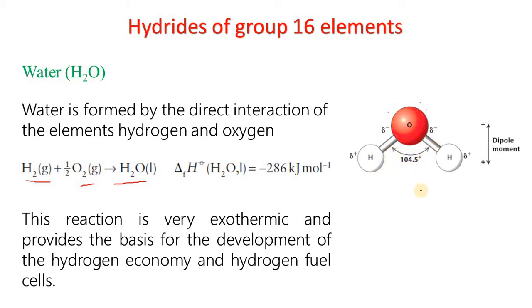And as we know, the electronegativity of oxygen is greater than hydrogen. On the Pauling scale, the oxygen is delta minus and the hydrogen delta plus, so there is a charge separation, the molecule is polar, and the dipole moment, represented in Debye, is equal to 1.86 D.